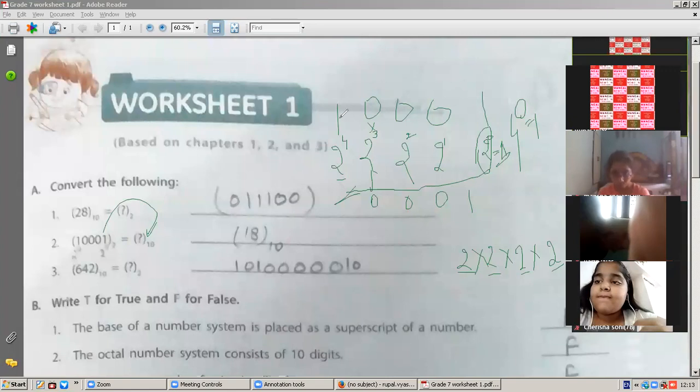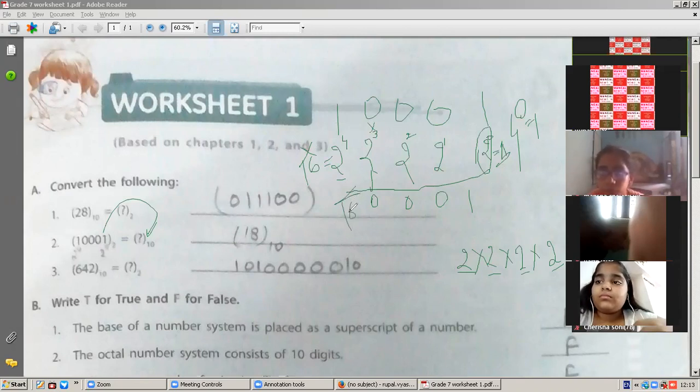So 2 to the power 4 means we write 16 over here. Then 16 multiplied by 1 is 16 only.